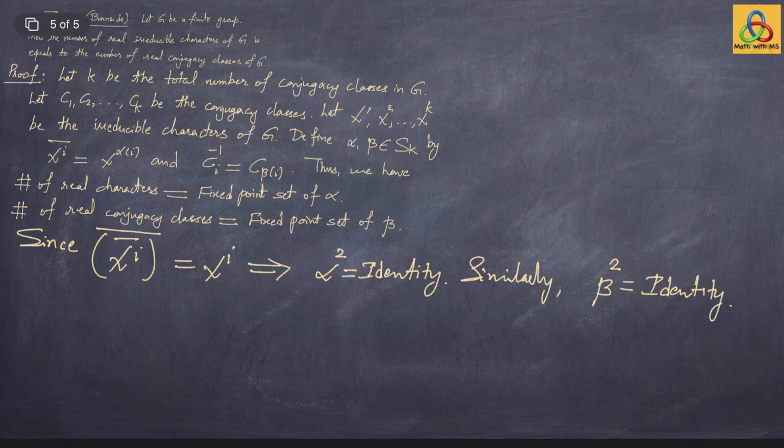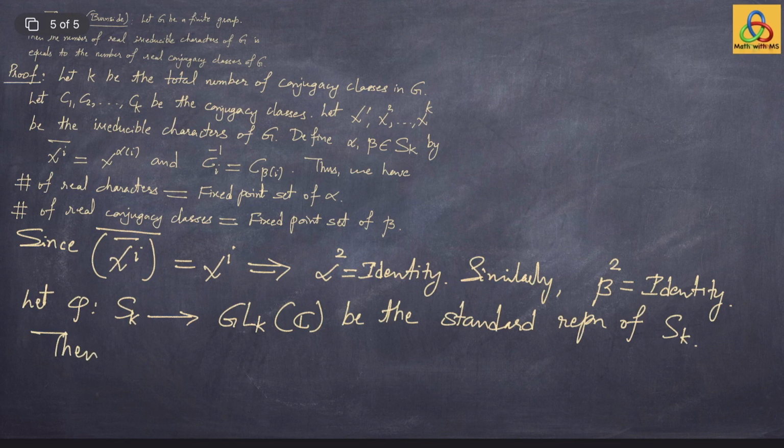Now let us look at the standard representation of the symmetric group Sk. So let phi from Sk to GLk(C) be the standard representation of Sk. Recall what the character of the standard representation is. The character of the standard representation of the symmetric group just turns out to be the number of fixed points of that particular permutation.